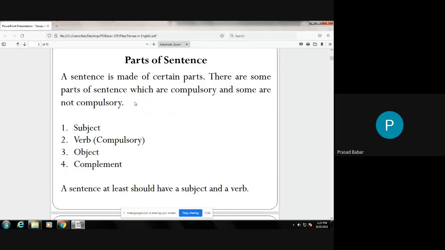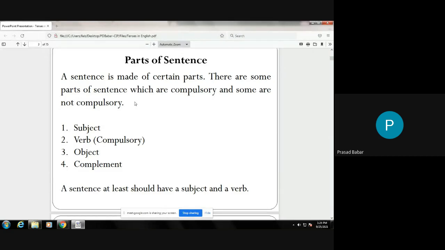So, how is a sentence made up? It is made up of its parts. There are some parts of a sentence which are compulsory and some which are not compulsory.